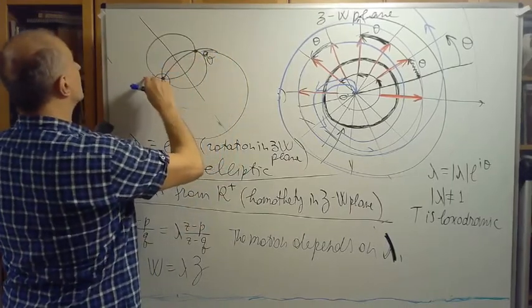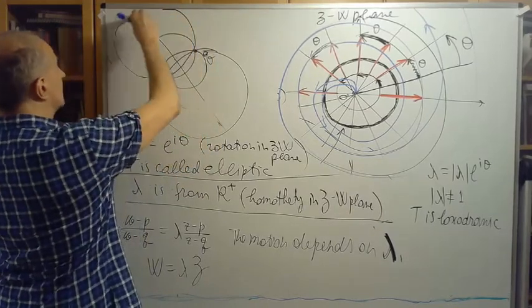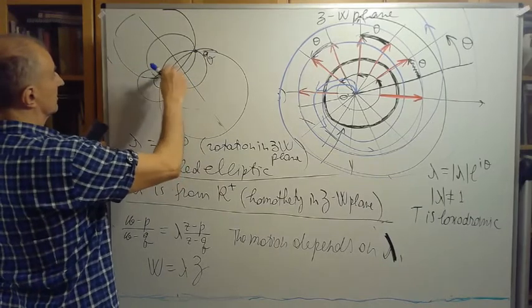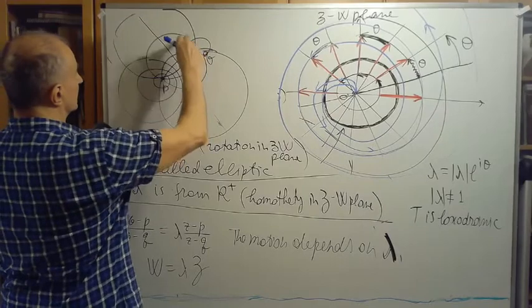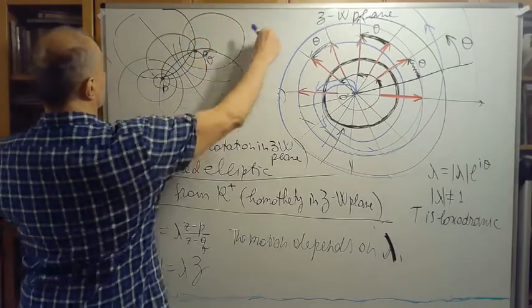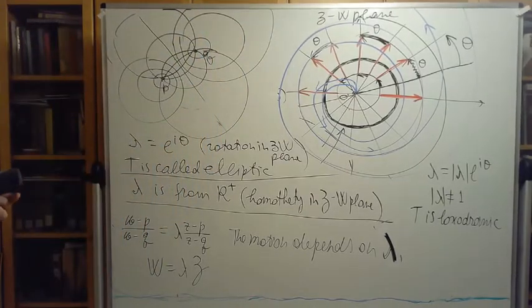And then the orthogonal circles, like this. And what will be the loxodromic transformation?